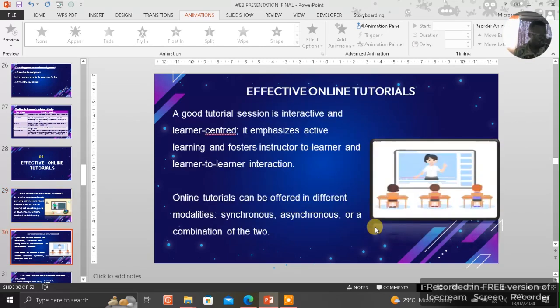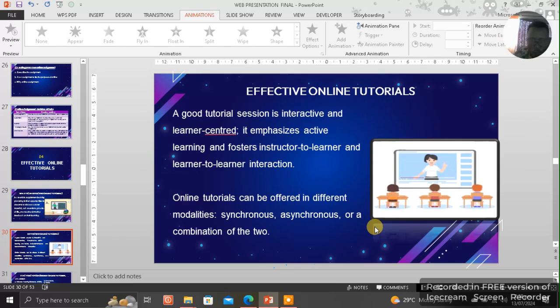Let's continue. An effective online tutorial supplements learning that has occurred in lecture by providing further opportunities for students to discuss course material and so on. So a good tutorial is interactive and it is learner centered. It emphasizes active learning and fosters instructor-to-learner and learner-to-learner interaction.